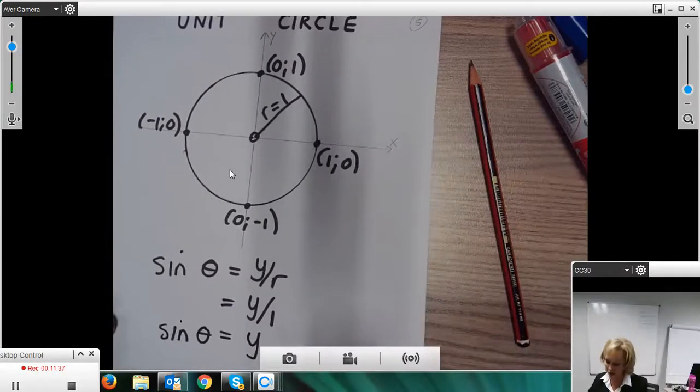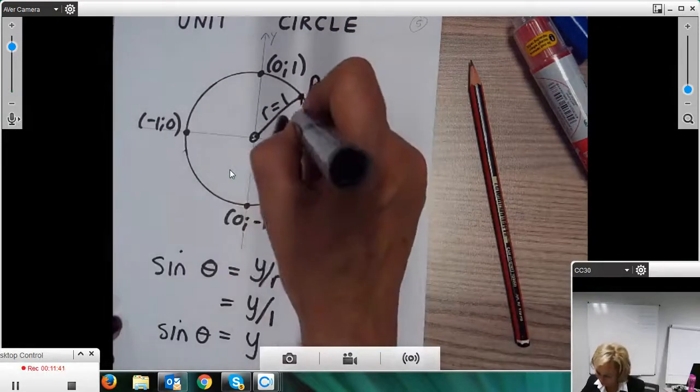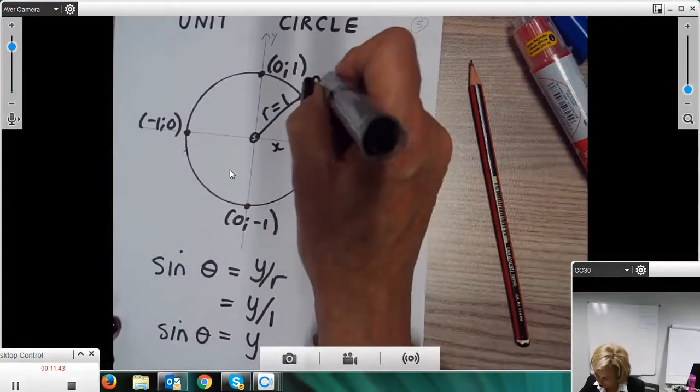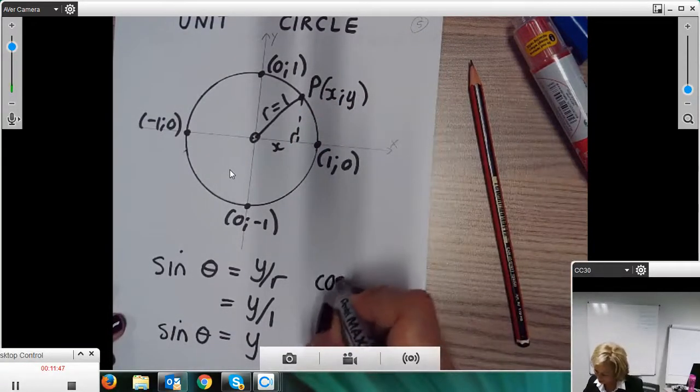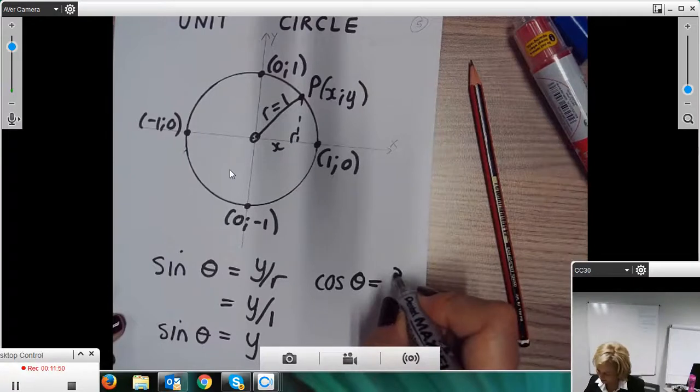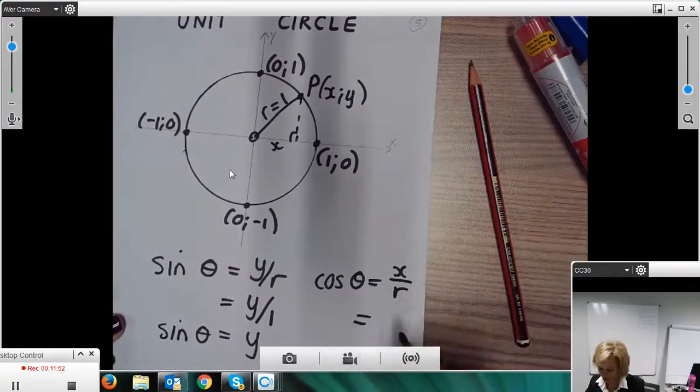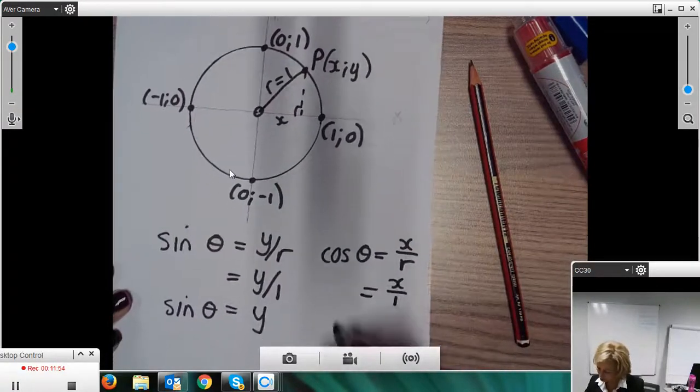Okay, so if you wanted to label this point P with its coordinates x, y, then you will see that it will look like this, because now we have cos is x over r, which is x over 1, which means that cos theta is x.